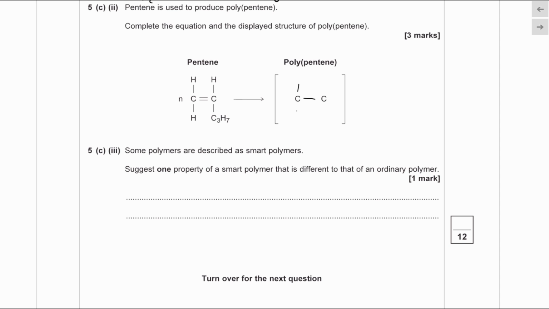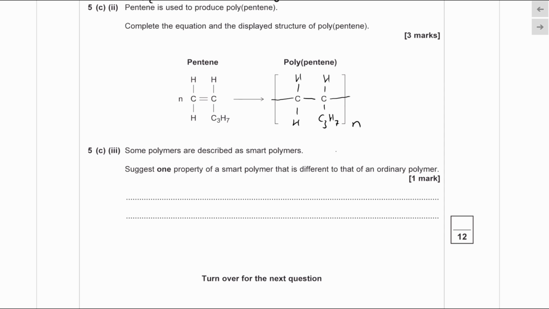That's the first thing that you need to know. Everything else here is going to be the same, and here we have C3H7, which makes it pentene. Now, the bonds from the carbon extend because we can now bond those carbons with more things, right? So they extend outside the brackets like so. And because we have n lots of them on the left hand side, you put an n here on the brackets, and that is 3 marks.